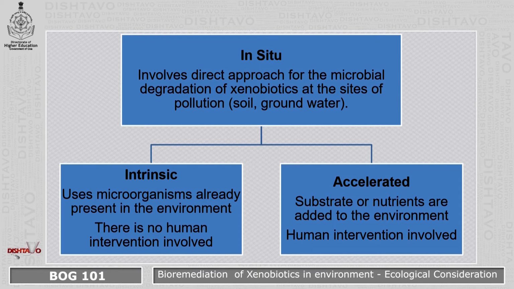For example, the site of pollution can be soil or groundwater. The 2 types: intrinsic uses microorganisms already present in the environment, and therefore there is no human intervention involved. Second is accelerated. Here the substrate or nutrients are added to the environment and therefore there is human intervention involved.